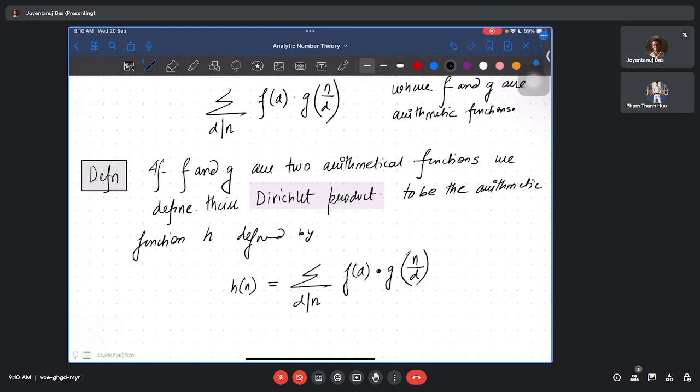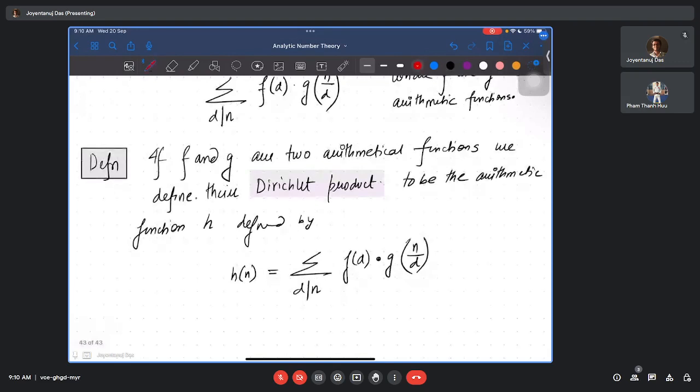So this is the general form. This is also known as the convolution of two functions, or Dirichlet convolution.